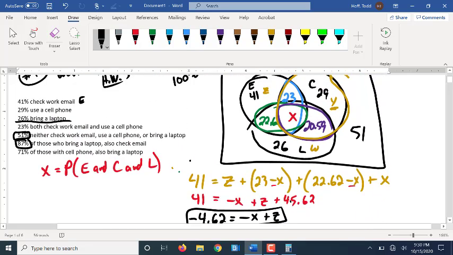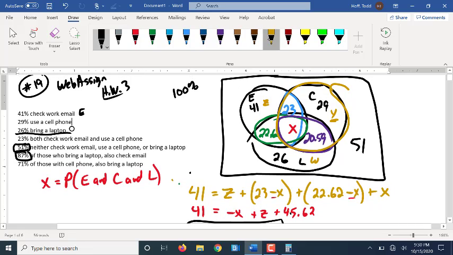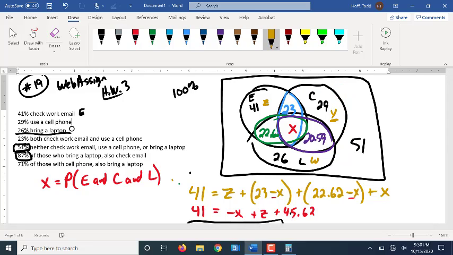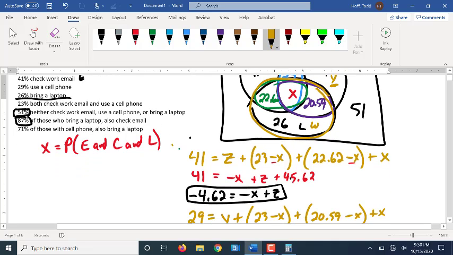Next, we're going to look at the region just for the laptops here, that is a total of 26%.